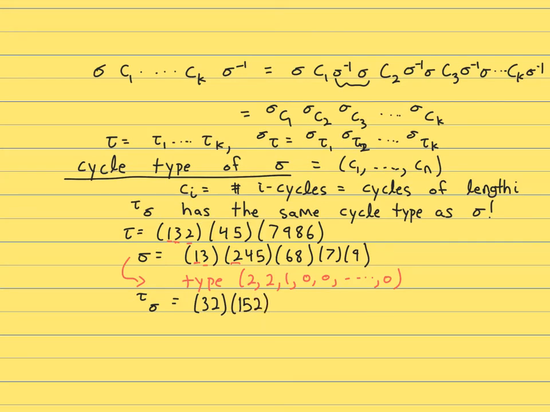And that's how that cycle got changed. 6 got replaced with 7. 8 got replaced with 6. 7 gets replaced with 9, and 9 gets replaced with 8. And so this is the result of the conjugation. And so you see it has the same number of cycles of each size, and so it has the same cycle type.